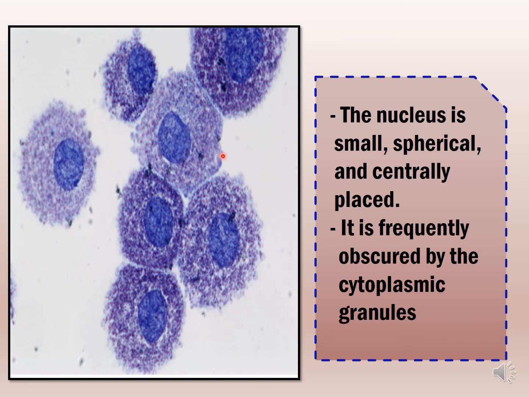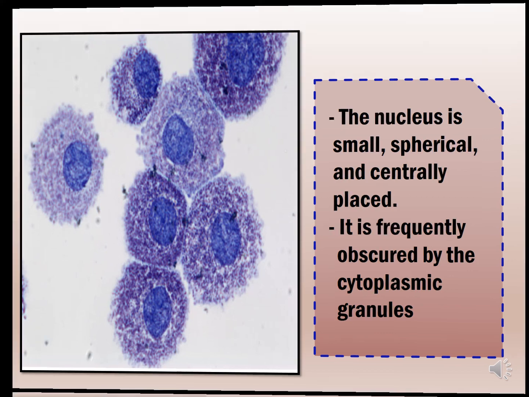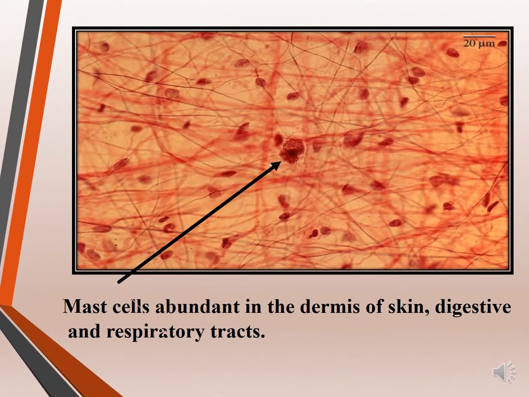It is frequently obscured by the cytoplasmic granules, due to the abundance of granules in the cytoplasm. Mast cells are abundant in the dermis of the skin, and in the digestive and respiratory tracts.